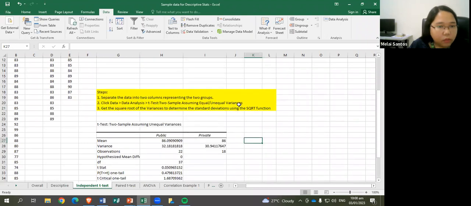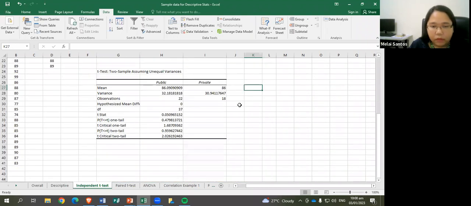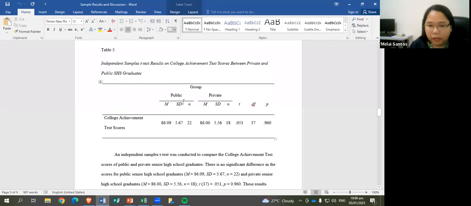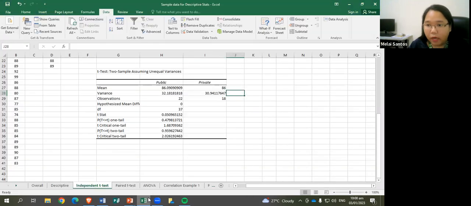What did we do? Okay. In here, this is your mean for the private school and the public school. The variance, the square root, the standard deviation: you can use that or you can get that by getting the square root of the variance.